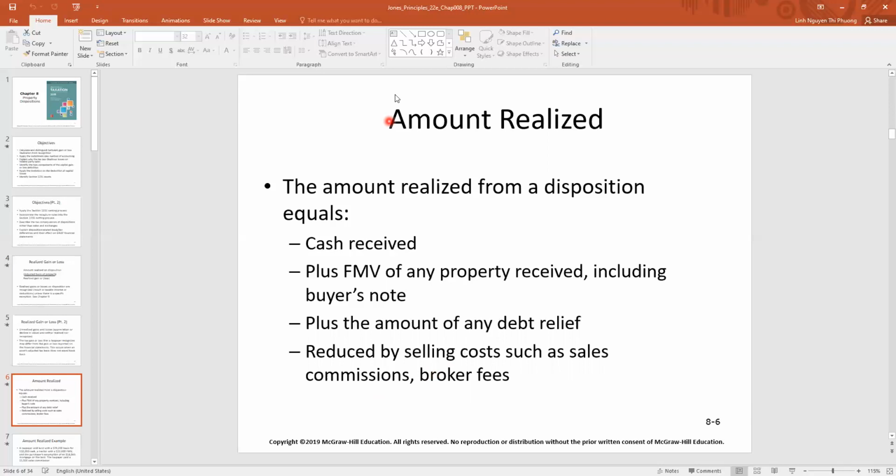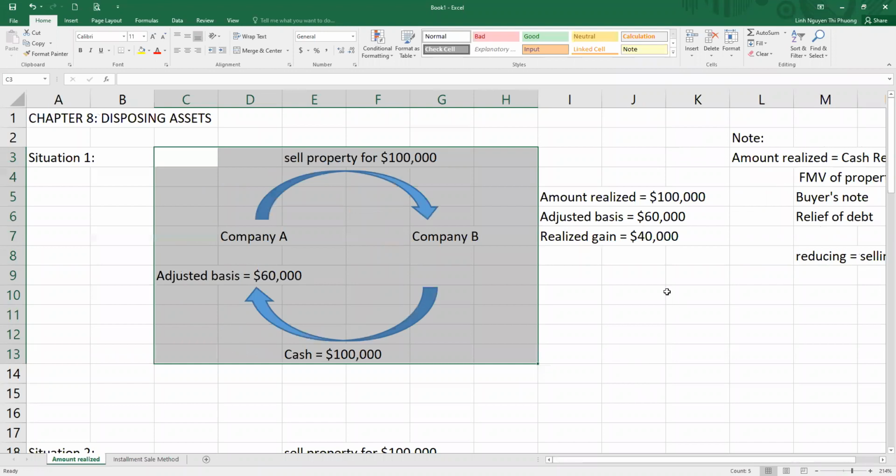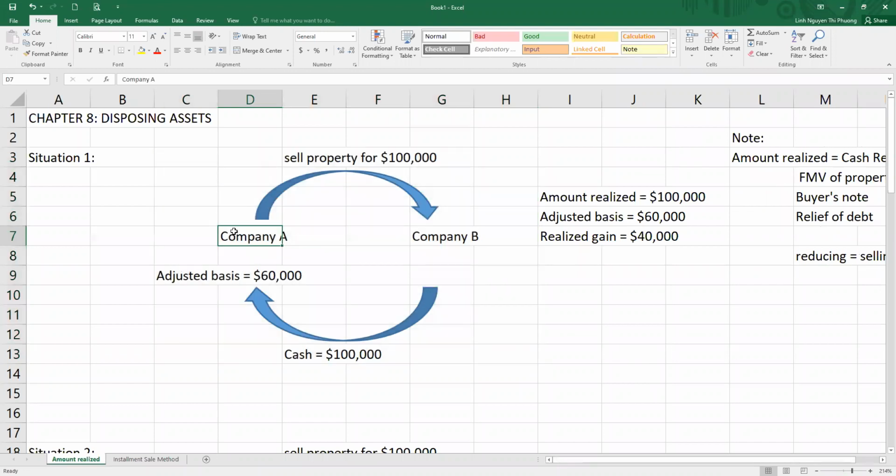Now let's look at some examples on how to find the amount realized. Let's look at the first situation. Company A sells a property for 100,000 to company B. This property has an adjusted basis of 60,000.